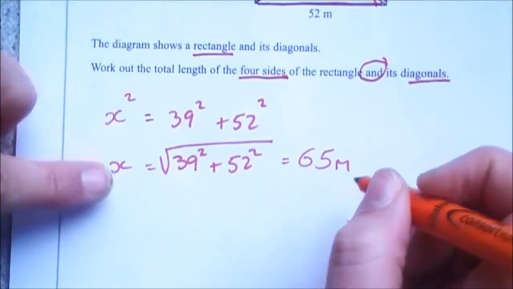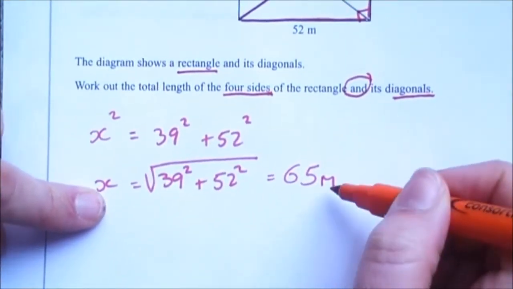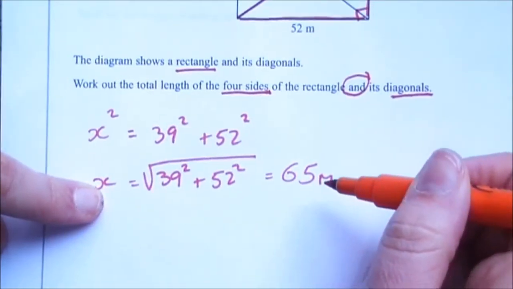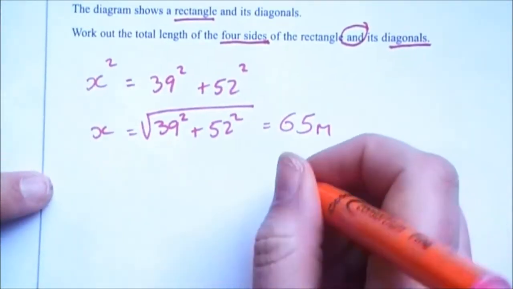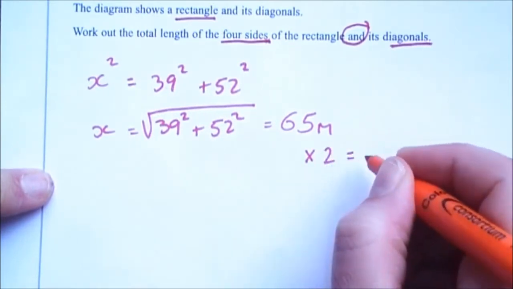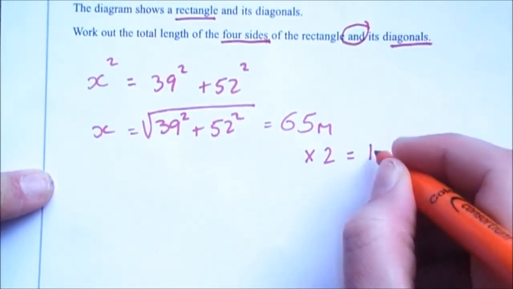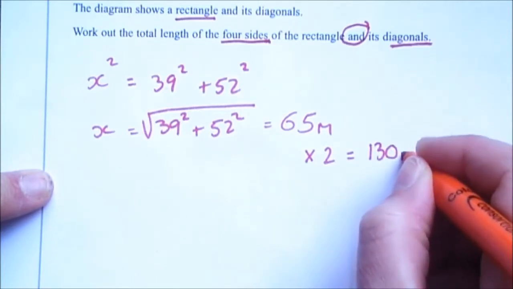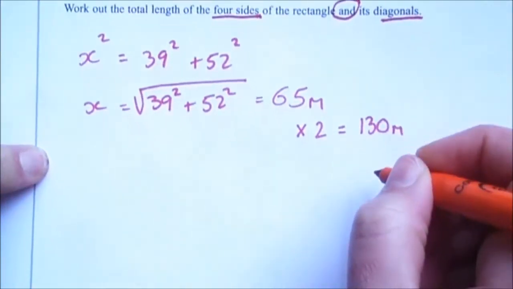So that means that the diagonal is 65 meters long. Now I've got 2 diagonals, so I'm going to multiply that by 2, and that's going to give me 130 meters. So there's my 2 diagonals.